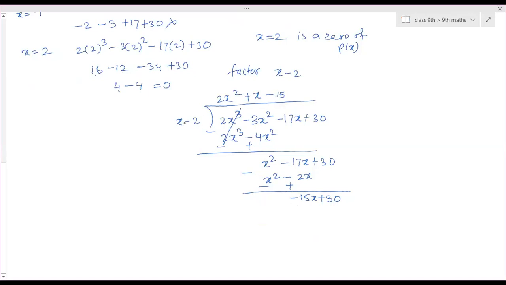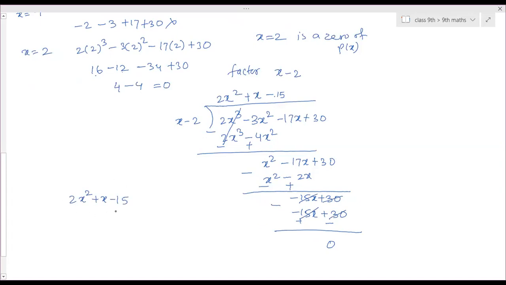So minus 15 into x is minus 15x. Minus 15 into minus 2 is plus 30. Subtract, minus plus minus. Minus 15 plus 15, 0. Plus 30 minus 30, 0. So it is 0. So you got the quotient as 2x square plus x minus 15.